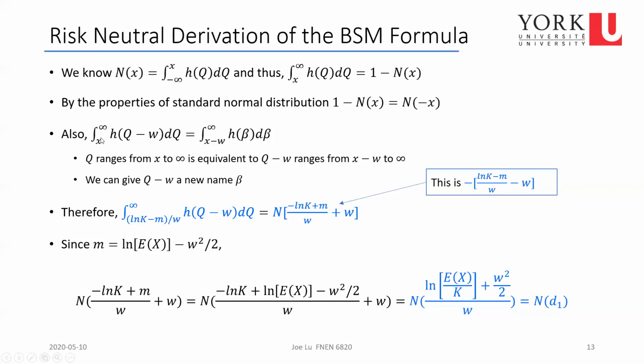And when we do this integration from x to infinity it becomes an integration from x minus W, which is this part, to infinity. And you will see that d beta is really just dQ, so there's nothing changed here. And beta is equal to Q minus W, that's why you have beta here. Okay, so your new name for Q minus W is beta.